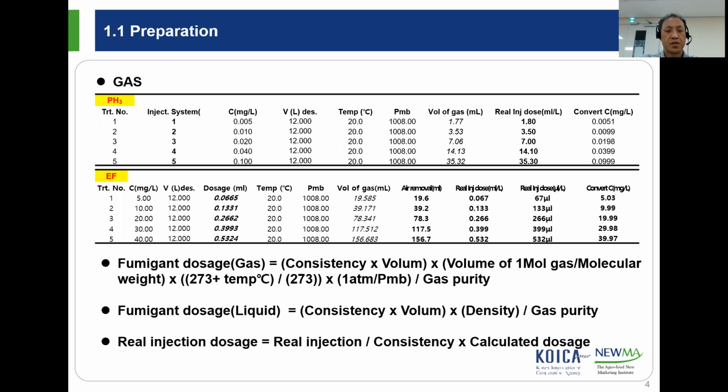However, the fumigant is usually gas, so you should be able to convert the mass of fumigant to a certain volume of gas for the volume of the desiccator to inject a certain dose. That's why you have to make this kind of table.